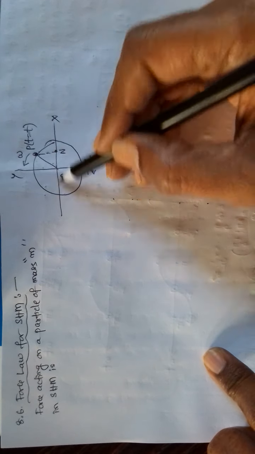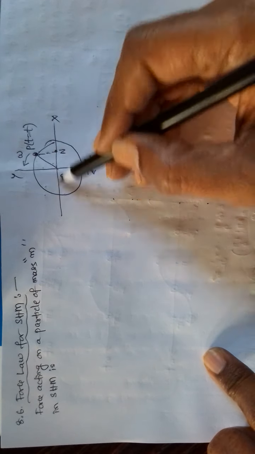Now force acting on a particle of mass m means whether force acting on this particle or the projection point. Here we are concerned about simple harmonic motion, and this projection point is performing simple harmonic motion. Therefore here the particle of mass m is this projection point, not this one.